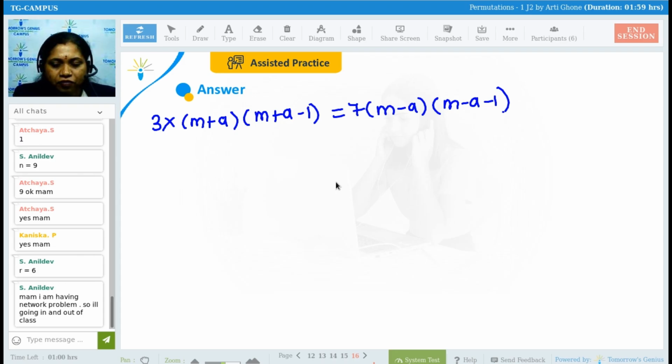Got it? Everyone got this one? Okay. Now if you multiply the brackets, then also you will get the answer.